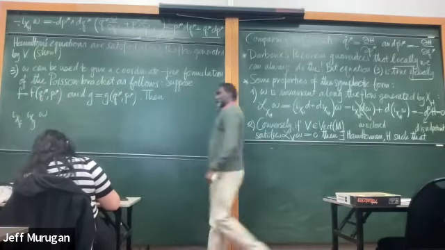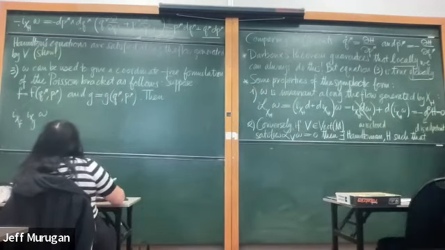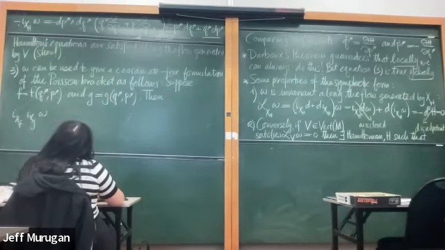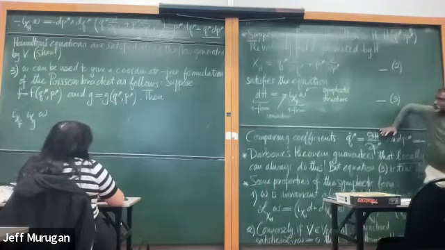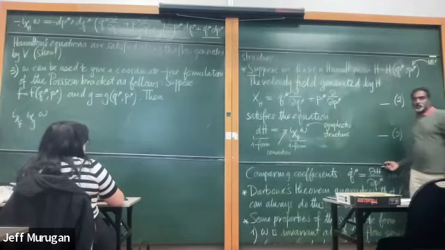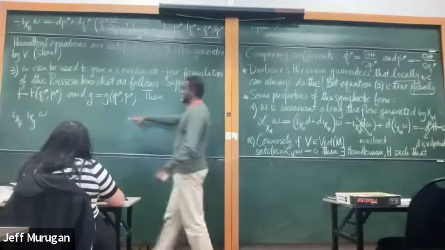So I've got functions F and G, they're all functions on the base. Each of these functions generates a velocity vector field in the same way that I defined the velocity vector field. So each of these guys defines a velocity vector field.